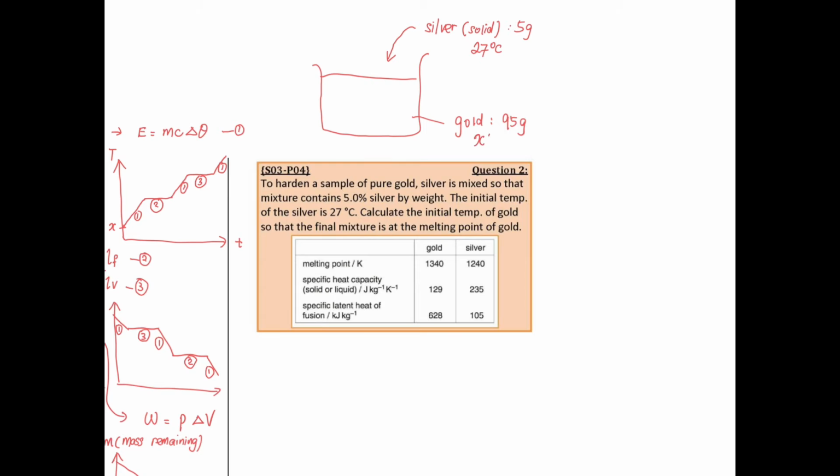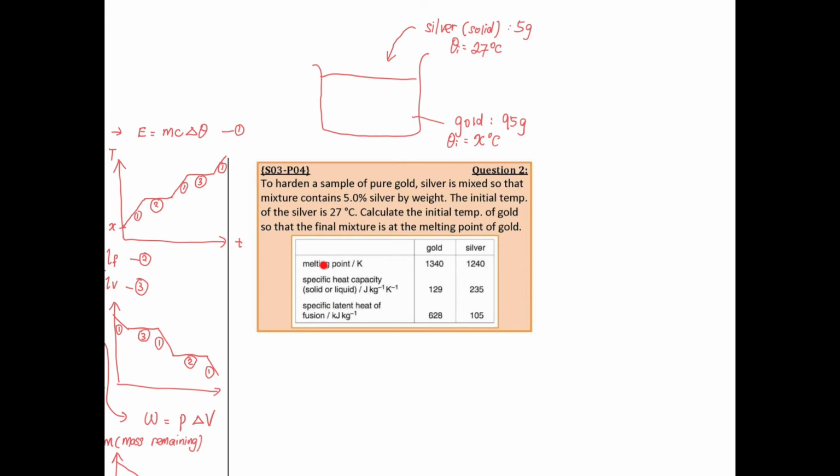Don't know. The initial temperature, so I call it theta initial. Then according to the question, they said at the last part, the final mixture is at the melting point of gold.